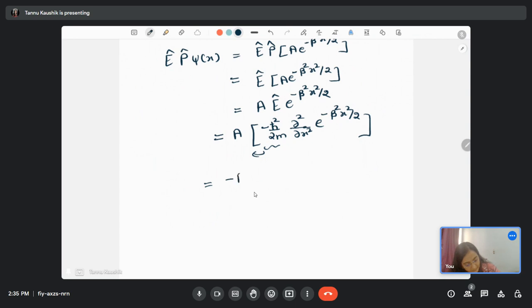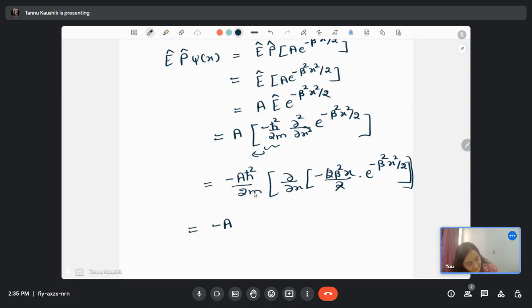minus beta square x square by 2. So I'm taking this out. So what will we get? We will get minus 2 beta square x by 2 into e raised to minus beta square x square by 2.